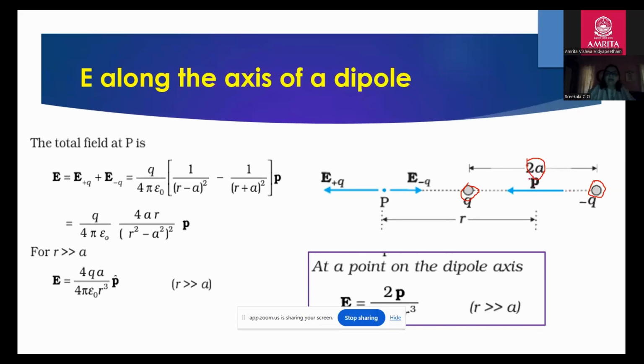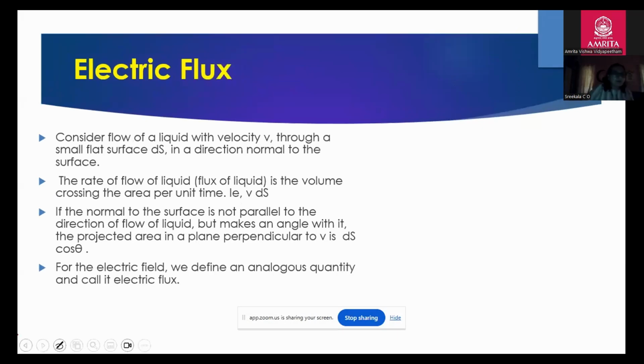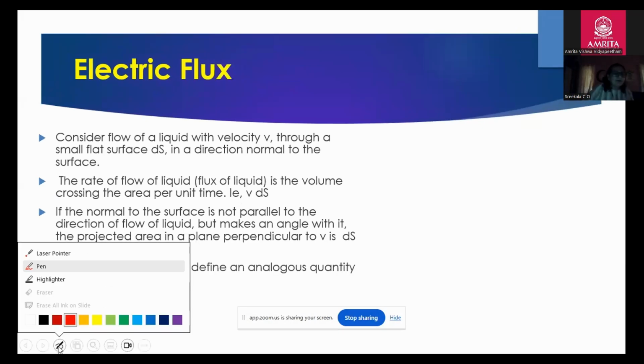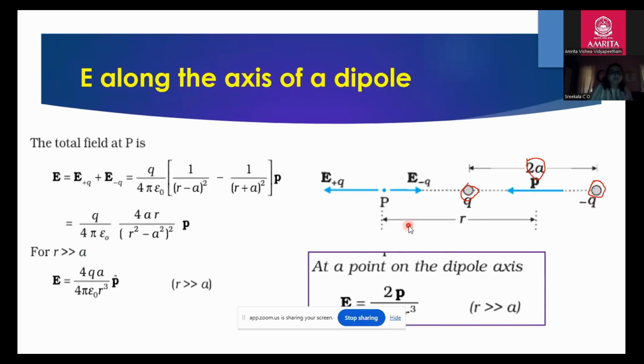The direction is shown here as P. This blue line shows the direction of P. Now consider we want to find out the electric field intensity at the point P. So let me take a point here.